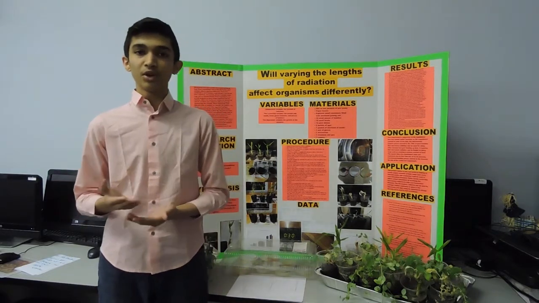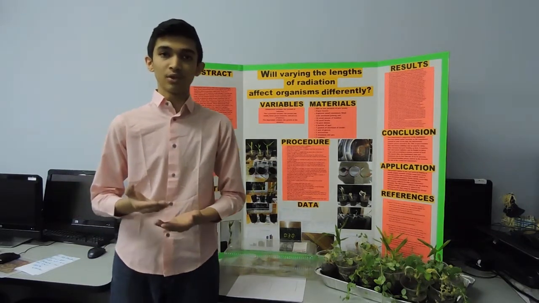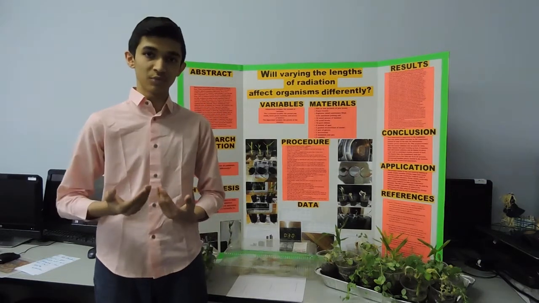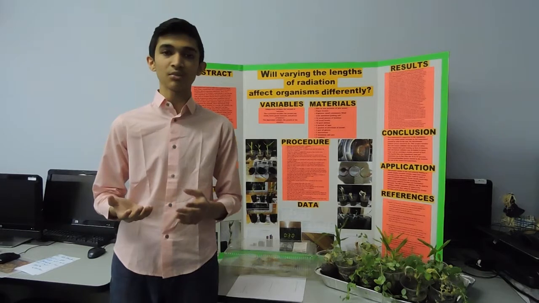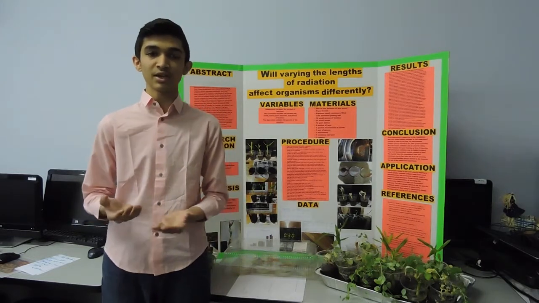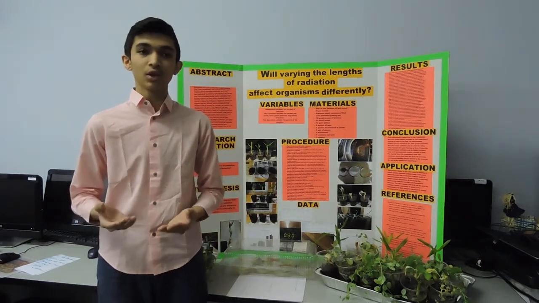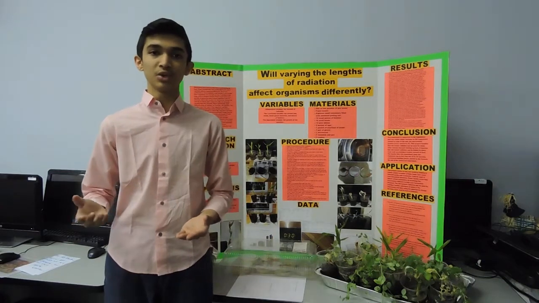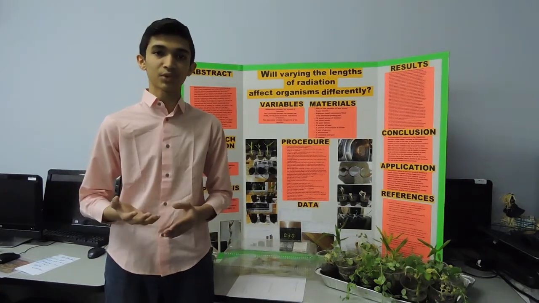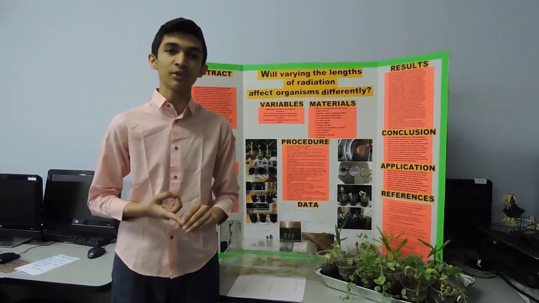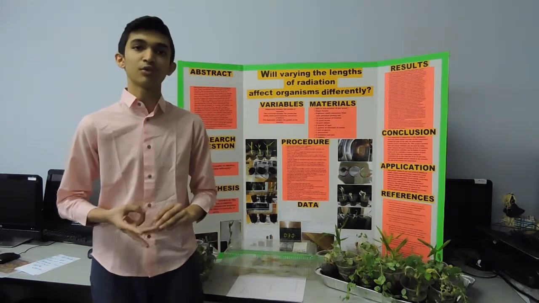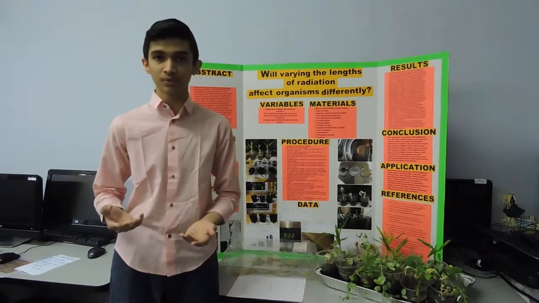After, you would water them with the water that you had chosen, which is, for me, the distilled water, and put them in the same sunny and warm location as the normal pea seeds. For each trial, you would increase the amount by 5. So for example, for trial 1, you would start at 5, for trial 2, you start at 10, for trial 3, you start at 15, and so on.